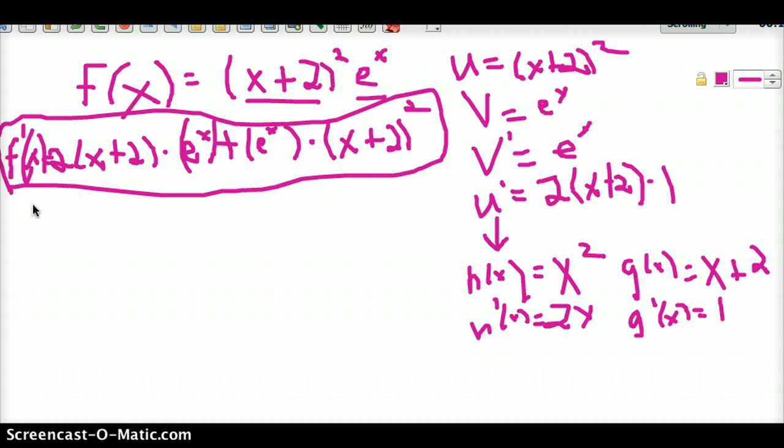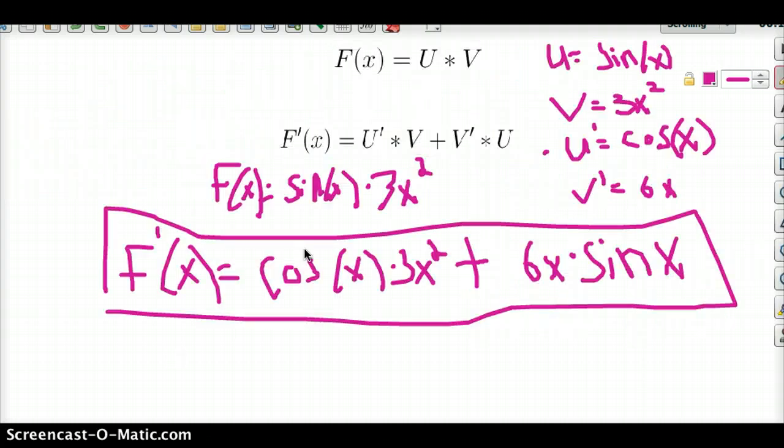And I'll just recap a bit on how to do the product rule. We have a function that can be broken up into two different terms being multiplied with each other. We'll call one term u and the other term v, and for the derivative of f of x, we take the derivative of one term, multiply it by the other term, and add that to the derivative of the other term times the first term.